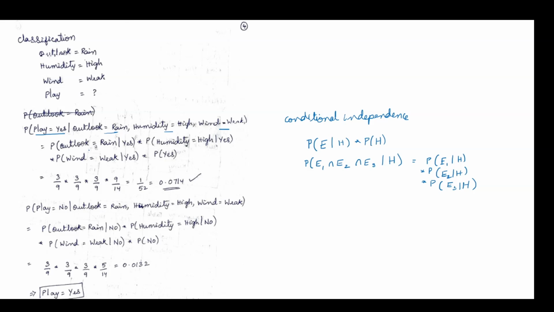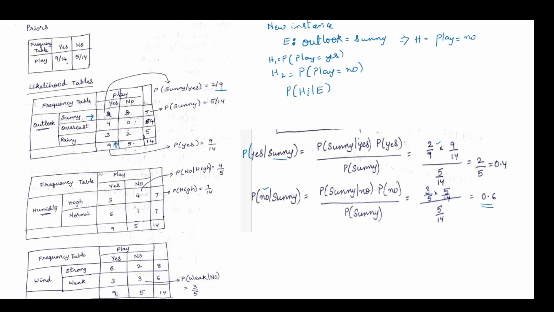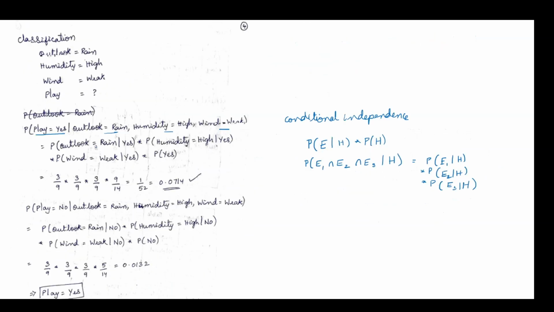So, let us look up the likelihood tables to find these values. Probability of outlook equal to rain given yes. So, that is 3 by 9, excuse me. 3 by 9 it is.